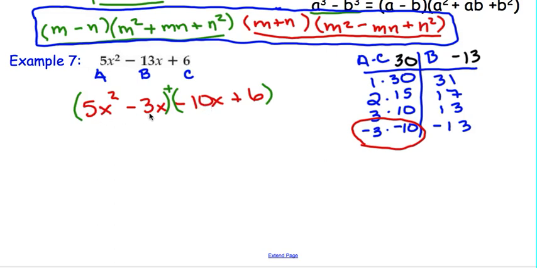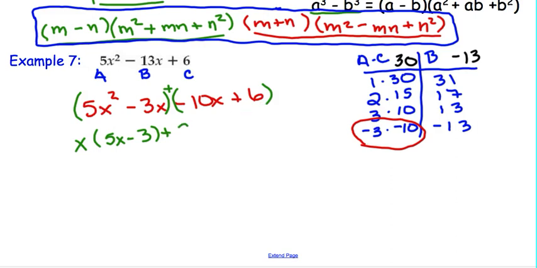Looking at my 2 sets, 2 terms in the first set of parentheses, the only common factor that they have is x, so I pull that out front. That leaves me with 5x minus 3 plus, and these 2 have a common factor of 2.